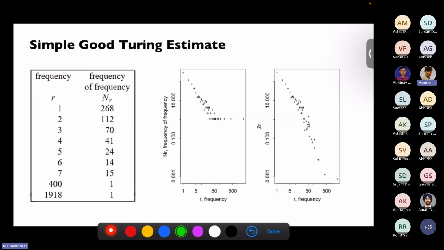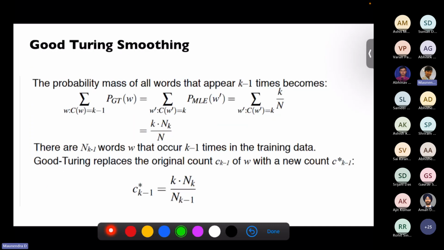So people then found that Good Turing smoothing is actually quite useful for many language modeling tasks, and then there were a few other, I mean not in its current form, some modifications needed to be done. What happens is that they took a large corpus, and from there they estimated the counts and the frequencies of all the words.